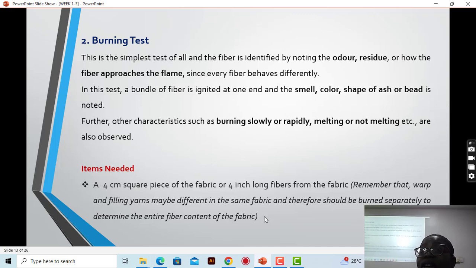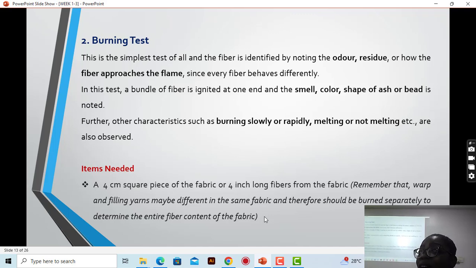So the advice, to get an accurate result, is to use a pin and remove the yarns one by one from the piece of fabric you want to burn. So you remove the warp. We know where the warp thread is on the selvage, okay, the grain of the fabric. So we will remove some yarns one by one from the grain or the selvage of the fabric, and then we remove the weft also separately. So we will burn the warp and see how it behaves, record it, burn the weft, see how it behaves, record it.